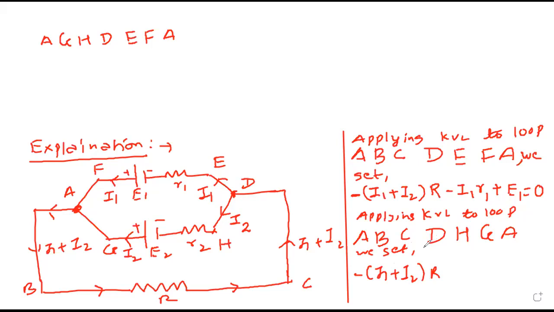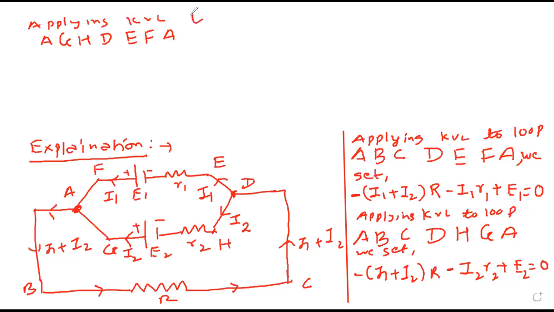D to H, no drop. H to G, I2 R2 in the direction, minus. Then negative terminal to positive, low to high, plus EMF E2 equal to this. Everybody has followed at least these two.